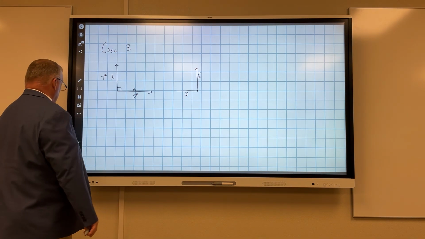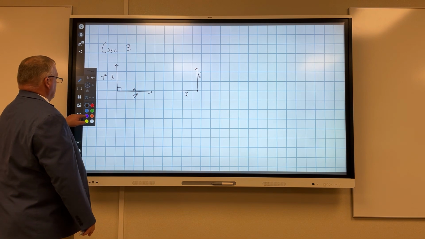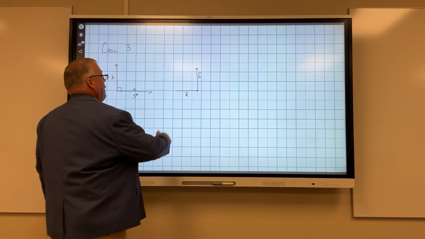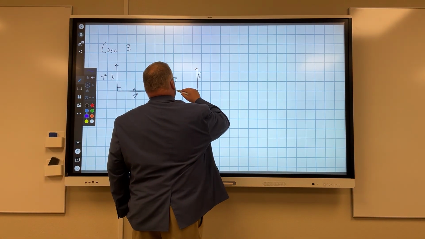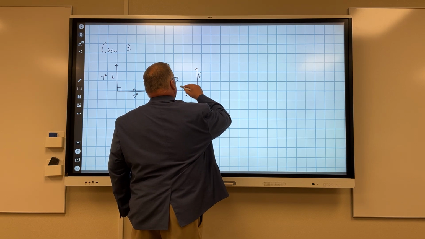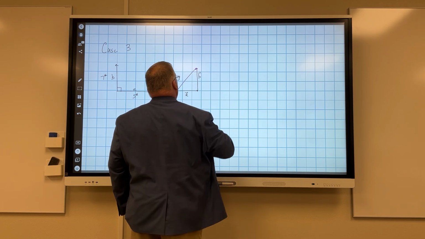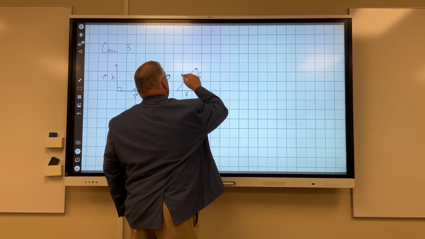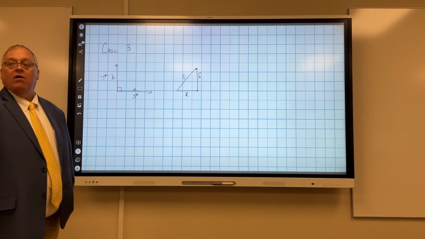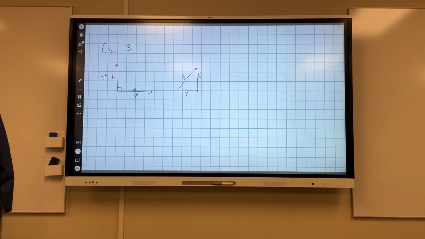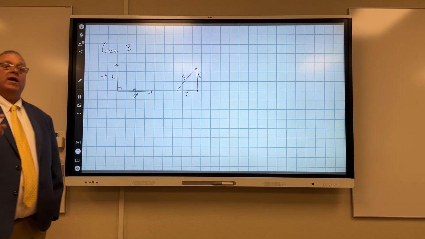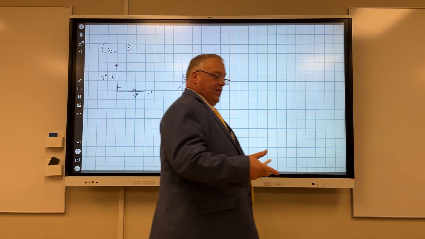Now, we draw a resultant that goes from the point of origin of vector A to the head of vector B. This is our resultant vector R. Okay? Now, what do we have to do in this case? We can't just add them.